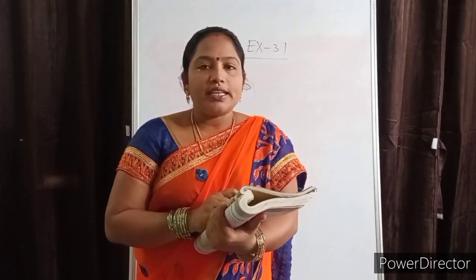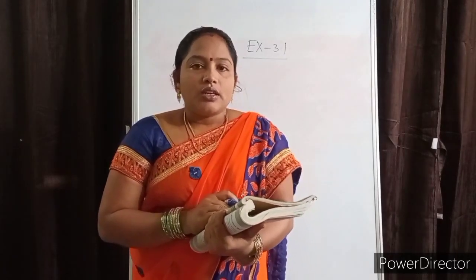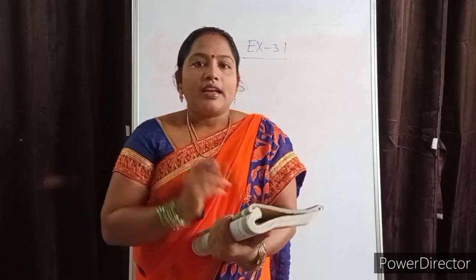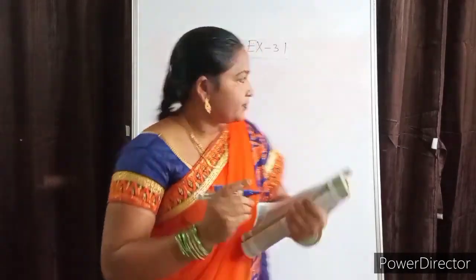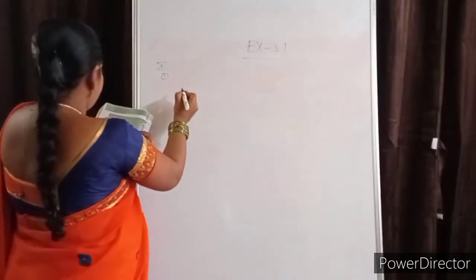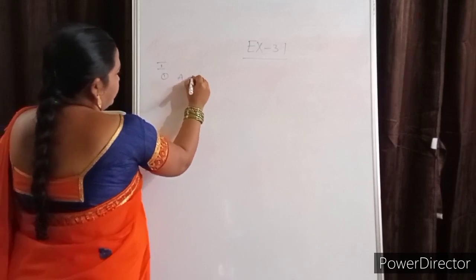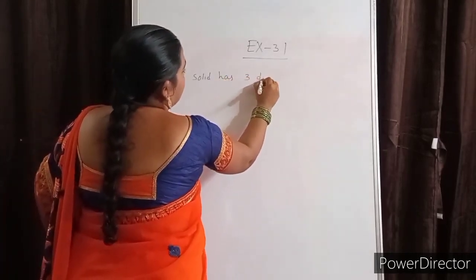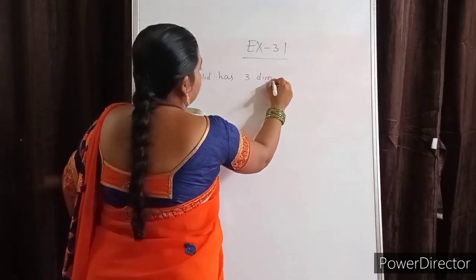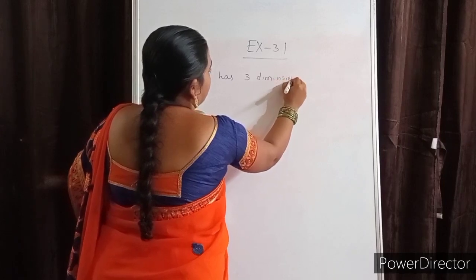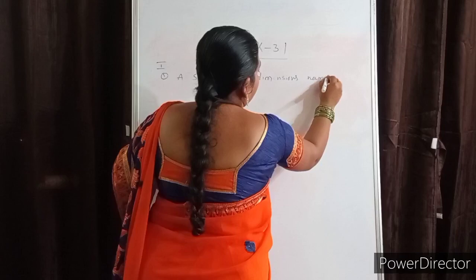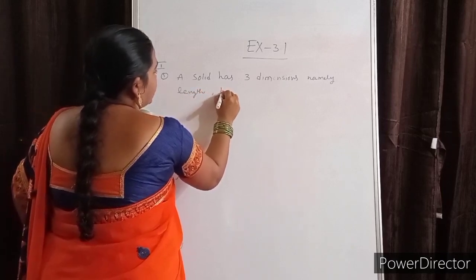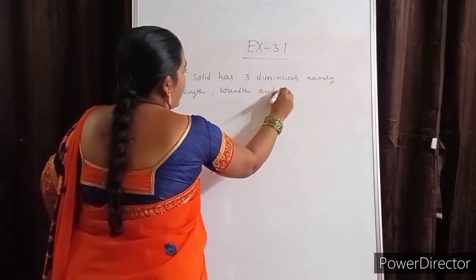How many dimensions does a solid have? A solid has 3 dimensions, namely length, breadth and height.